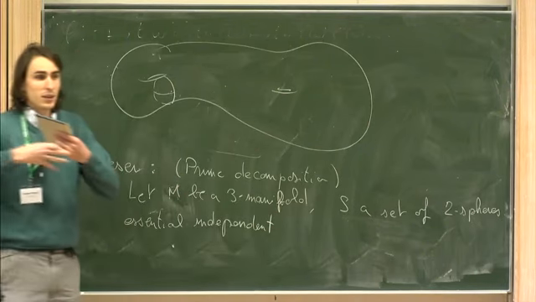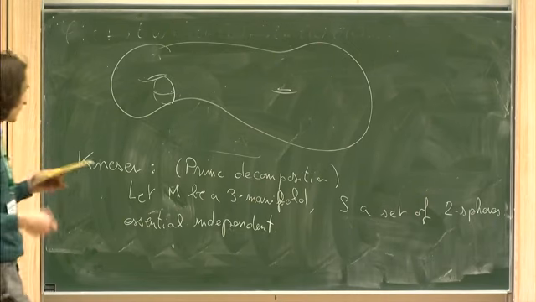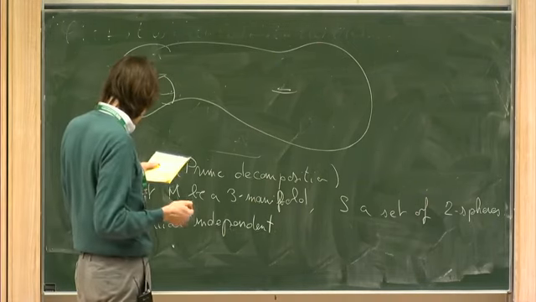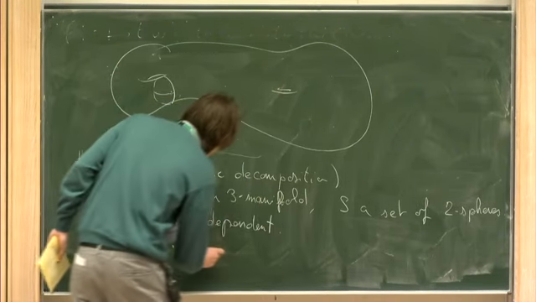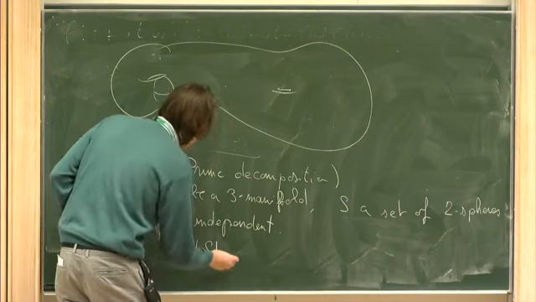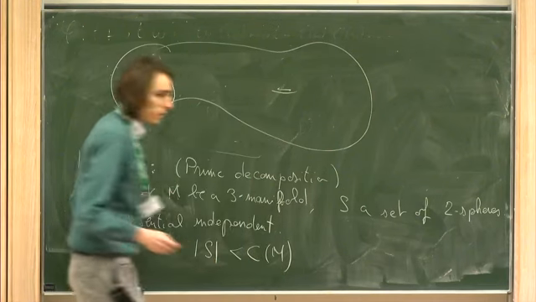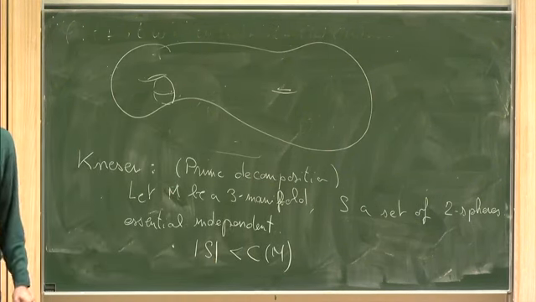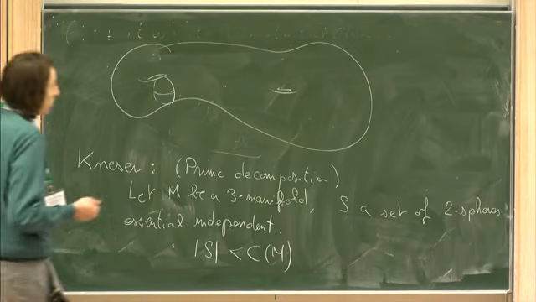So independent means that they are not translates in some way of each other. Then the number of elements in S is bounded by a constant that depends only on M.